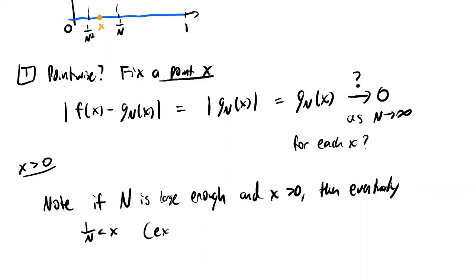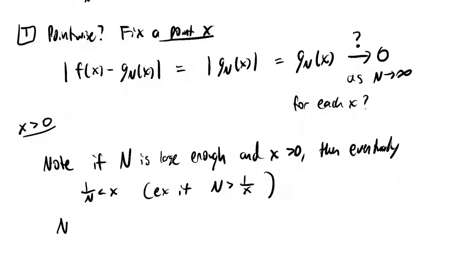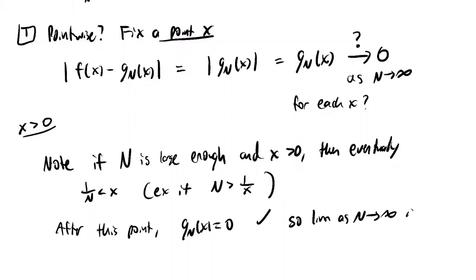All we need is n bigger than 1 over x, which we can always find. As soon as 1 over n is smaller than x, or as soon as n is bigger than 1 over x, gn of x is just equal to 0. And so of course the limit as n goes to infinity is 0.